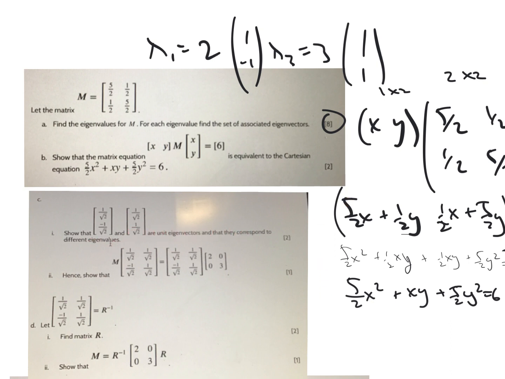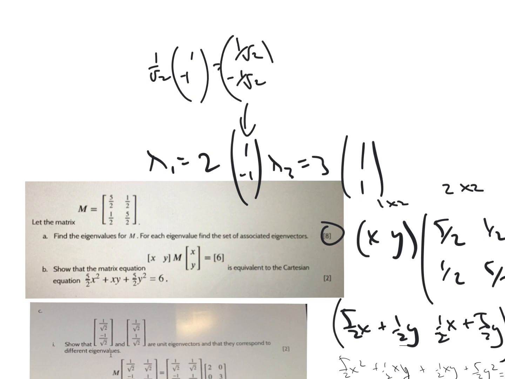Well, one of the things that we have to recognize is that if I take this eigenvector, if I multiply by 1 over root 2 times, I end up with 1 over root 2, over negative 1 over root 2.